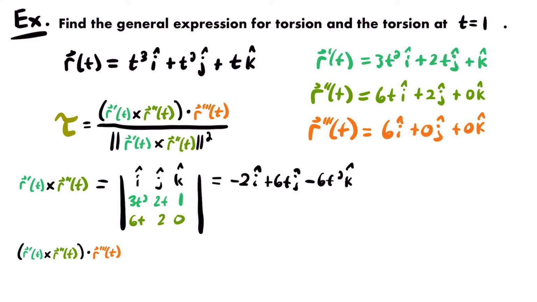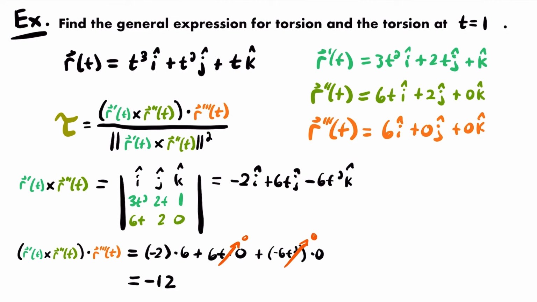The dot product between the cross product of r prime of t and r double prime of t with r triple prime of t will be negative 2 times 6 plus 6t times 0 plus negative 6t squared times 0. Both of these 2 terms become 0, and so we are just left with negative 12, because negative 2 times 6 is negative 12. So now that is what goes in the numerator of our calculation for torsion.